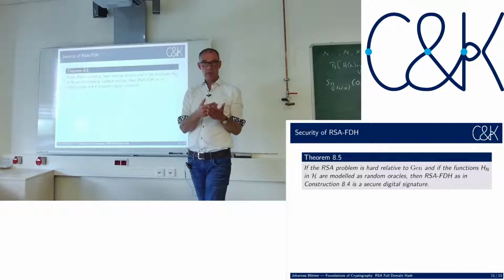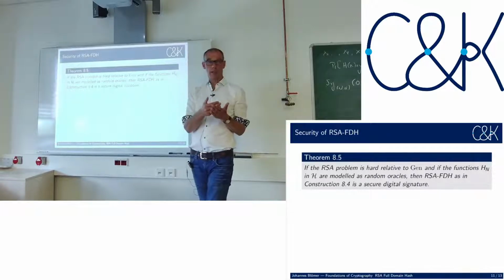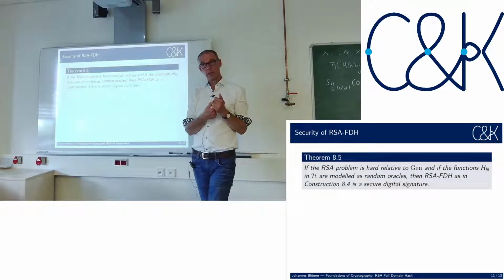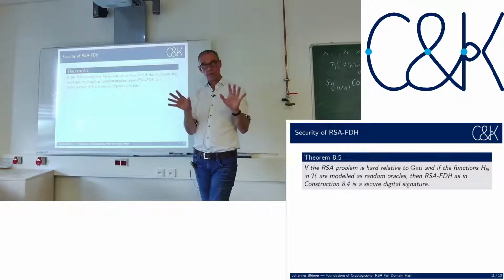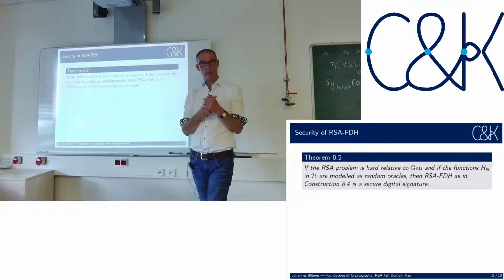The signature forging game involves two parties, namely the challenger and the adversary. And both have access to this random oracle, and they get a consistent view from the random oracle party.